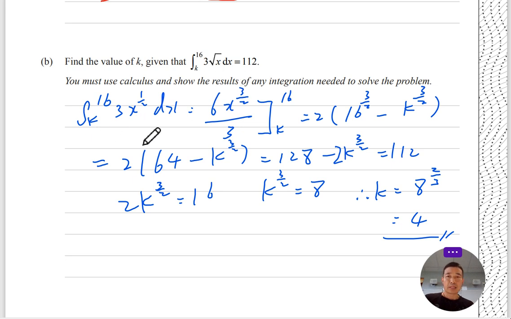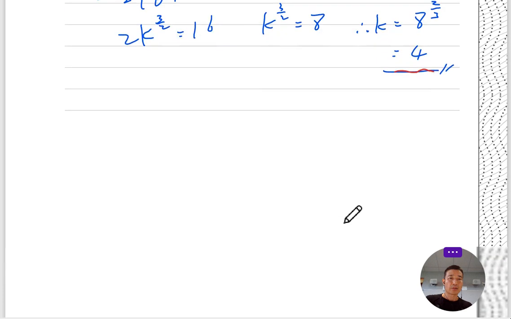So this is a typical question. So you integrate 3x to the power of half, you get that, and from k to 16. So you form the equation. That equals 112, isn't it? And then 2k to the power of 3 over 2 becomes 16, k becomes 4. It's not a hard question.